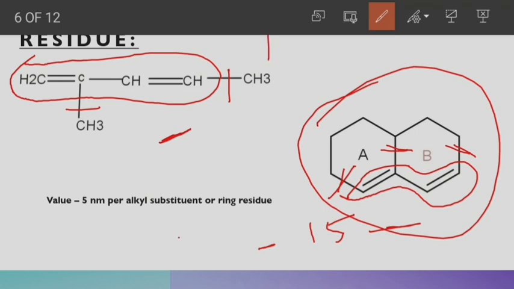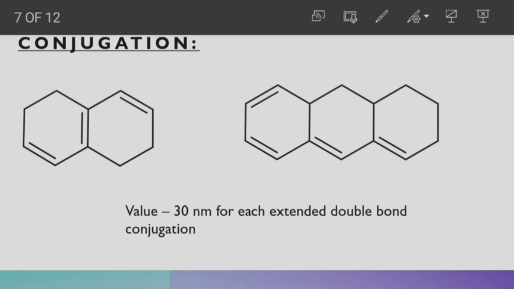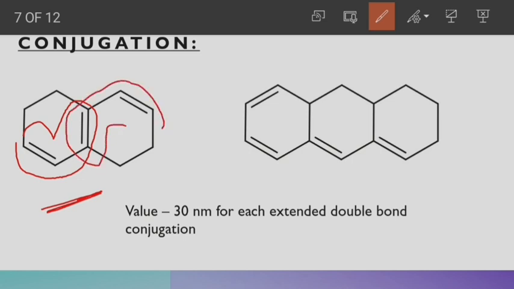Now let's get into our next point, double bond extending conjugation. Any double bond that extends our structure is called a double bond extending conjugation, and for each one we have to put the value of 30 nanometer. If you look at this structure, this is a homoannular conjugated diene and this is also a homoannular conjugated diene, because this double bond is shared by both of the rings.